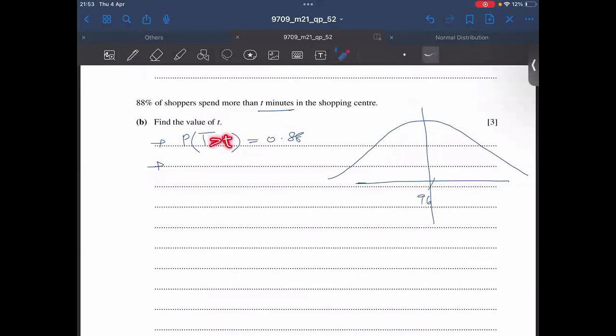Now, this is greater than t, and you have been given the probability. So when it is greater than t and you have been given the probability, you start shading from the right. If this had been less than t, you would have started shading from the left. And how much are you going to shade? That is 88%. So shading the area that covers 88% would be somewhere up till here, approximately.